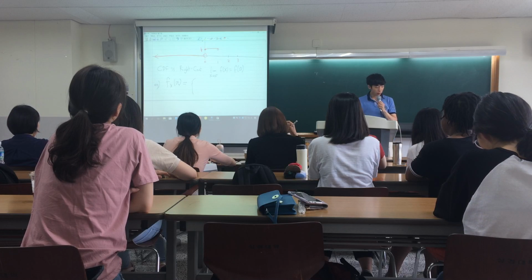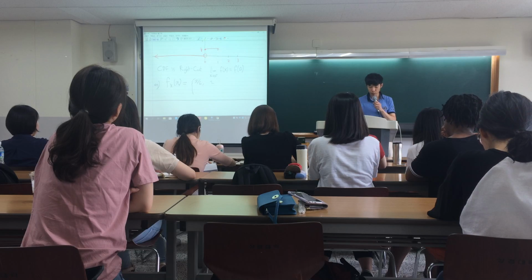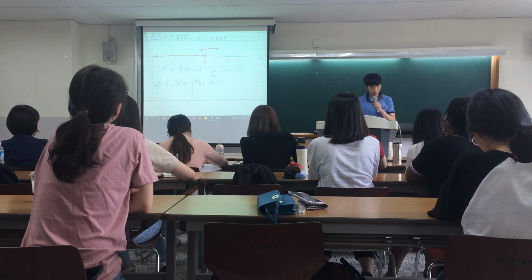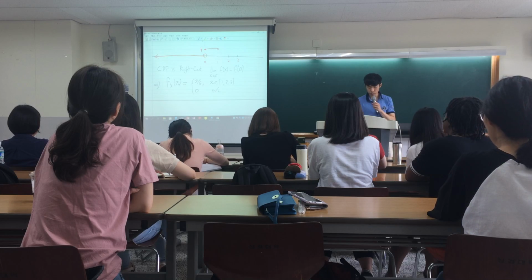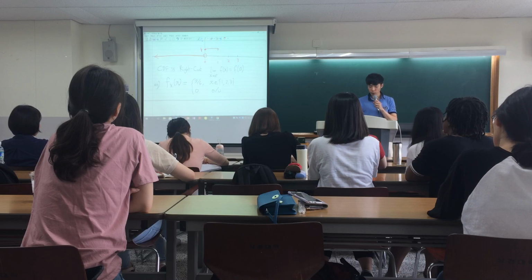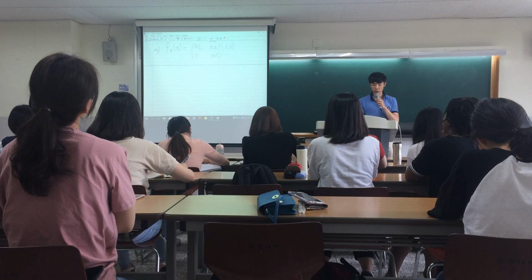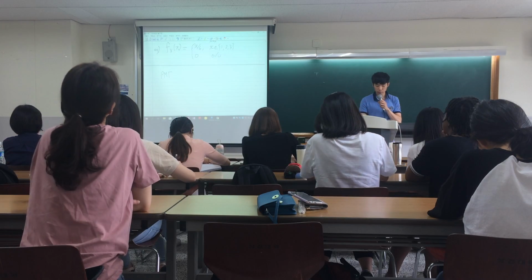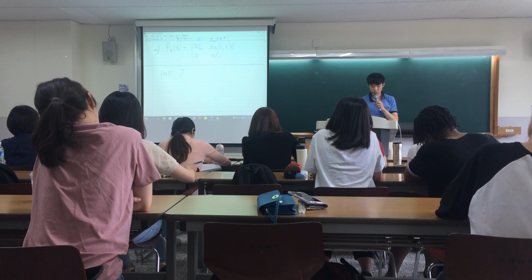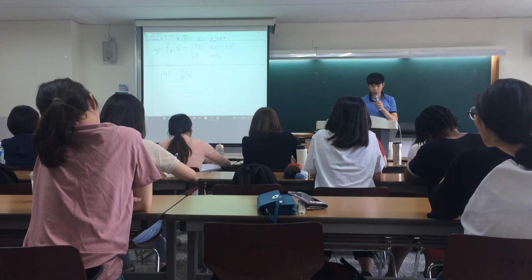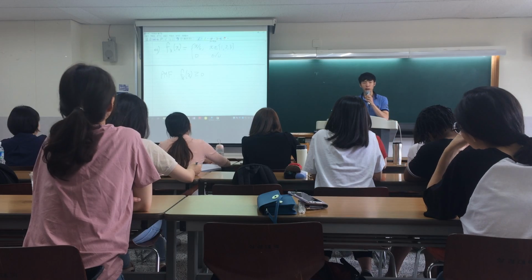fx of x is going to be equal to x divided by 6 for x in 1, 2, and 3, and 0 otherwise. First of all, we have to check that this is a probability mass function. We need our probability mass function to never be negative, because probability cannot be negative.